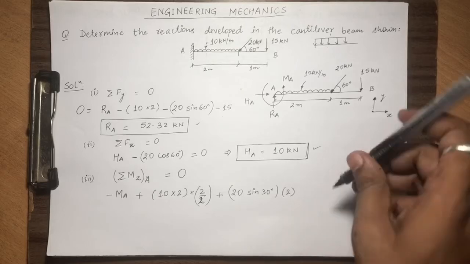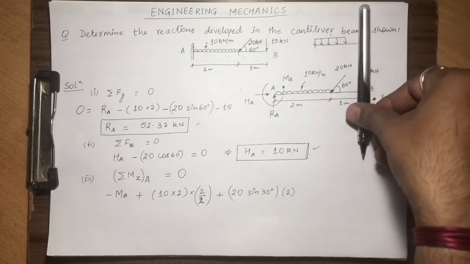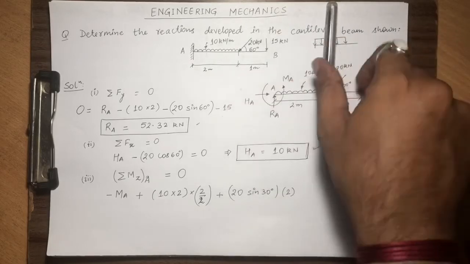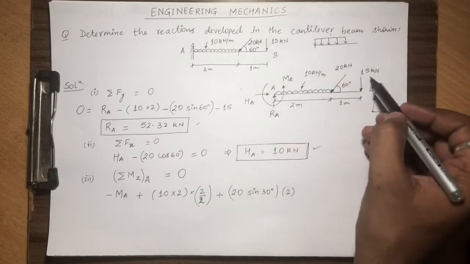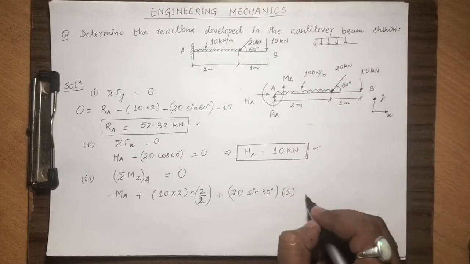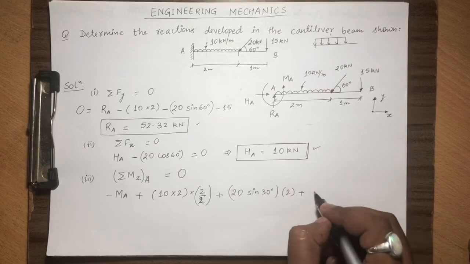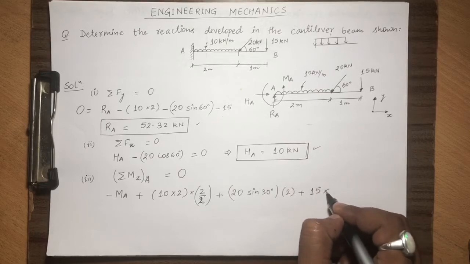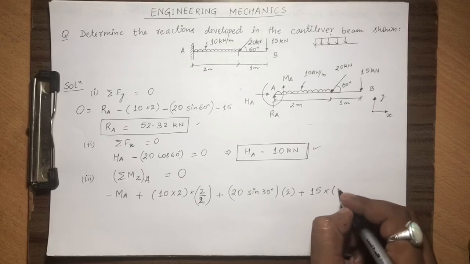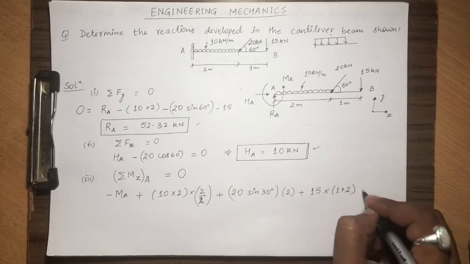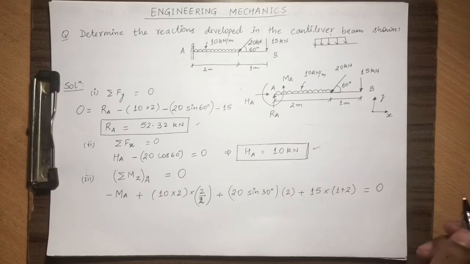And finally this 15 kilonewton, again acting downwards, and the point about which we want to take moment is here, so clockwise. So this will be 15 multiplied by 1 plus 2. This is the distance. This is equal to 0.